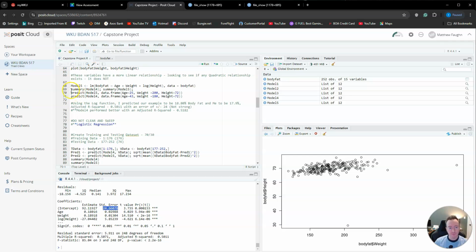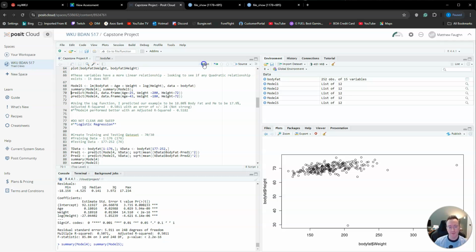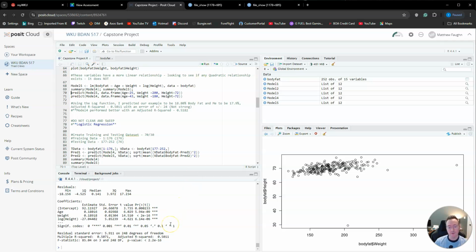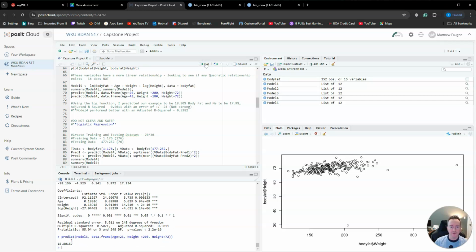And so we can see if we run the summaries. I stacked the summary from model 4 and the summary of model 5 together to see how they compare to each other. And then we can run some predictions based on this. Running model 5 off of our 25-year-old male with 200 pounds and 72 inches would be 18.8.